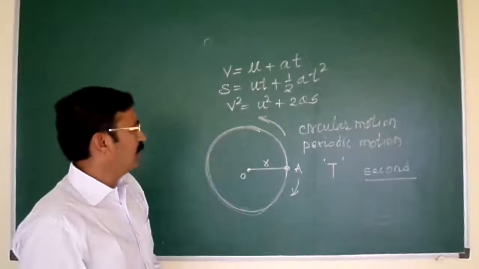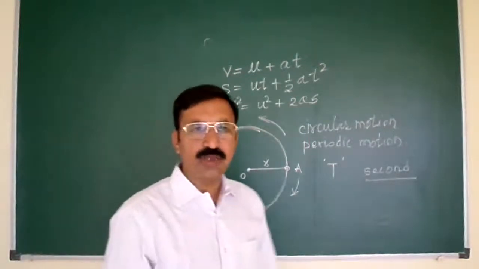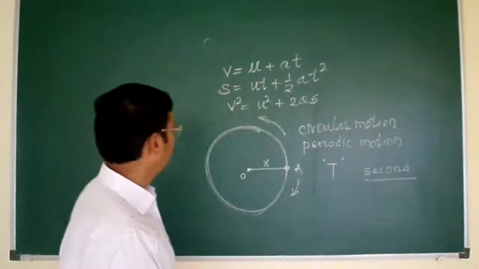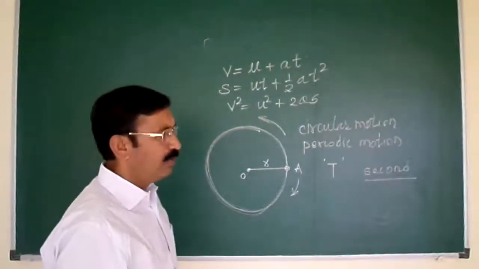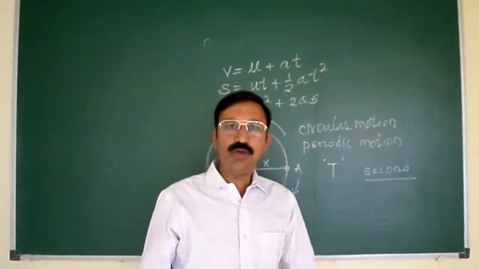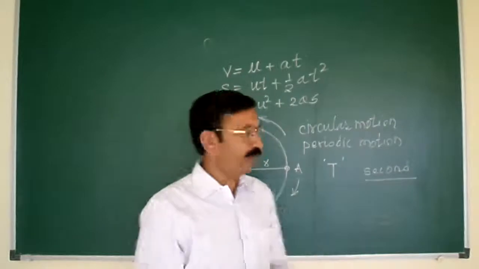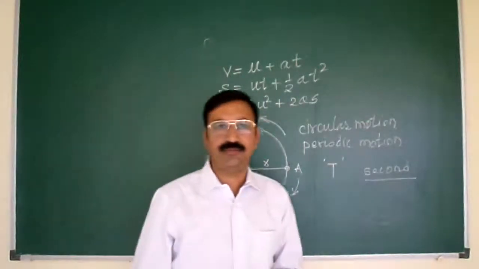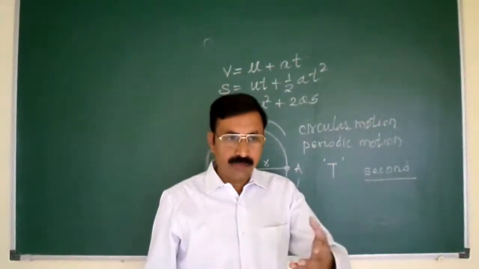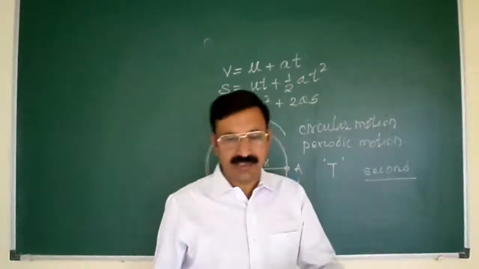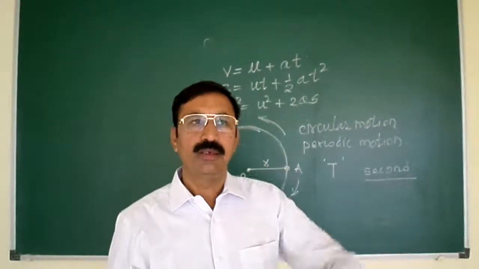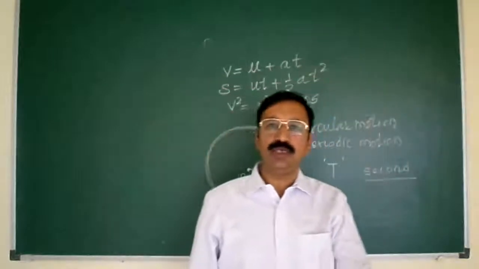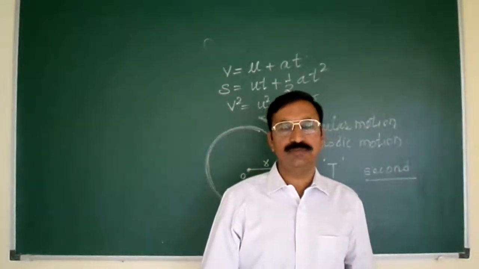When we see the examples of circular motion in our day-to-day life, we are able to observe many natural phenomena where circular motion is there. Our earth revolving around the sun is a circular motion. Moon revolving around the earth is circular motion.